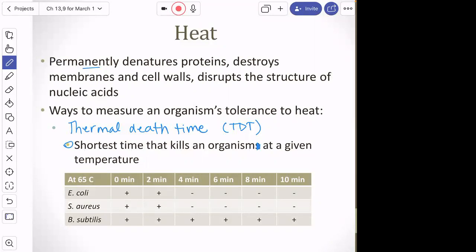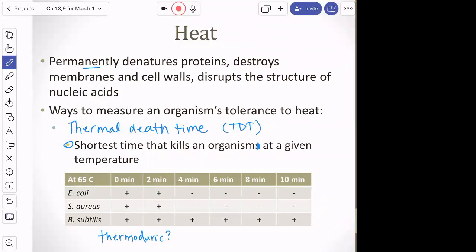So basically, this is a way to quantitate how tolerant an organism is to heat. Another way we say that is how thermoduric an organism is. Most bacteria can tolerate at least short exposures to heat, but there are some differences there.